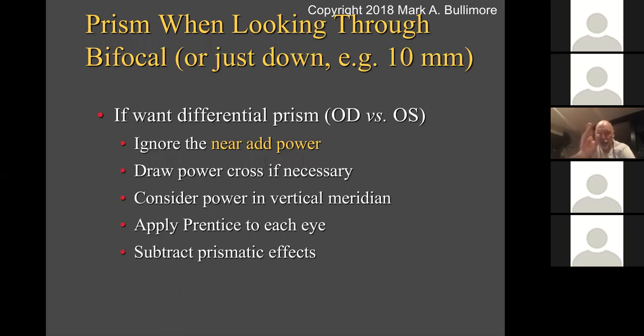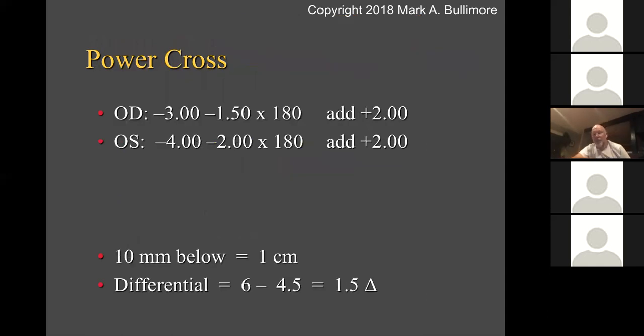Okay, you want to draw a power cross and you want to figure out the power in the vertical meridian. Then you apply the Prentice to each eye and figure out the difference. So very quickly, either mentally or physically, draw a power cross for these two lenses. And again, you can ignore the add power. So there's the right lens.